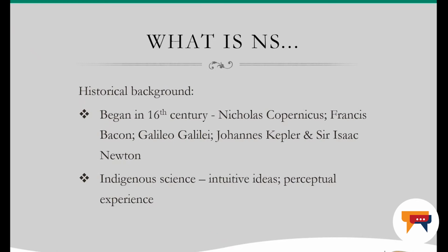This is not to say, however, that science did not exist before the work of these men. There was science before them, and the ancient Greeks, Arabs, and Chinese were great mathematicians, engineers, and astronomers, but their reasoning was based mainly on intuitive ideas and perceptual experiences.